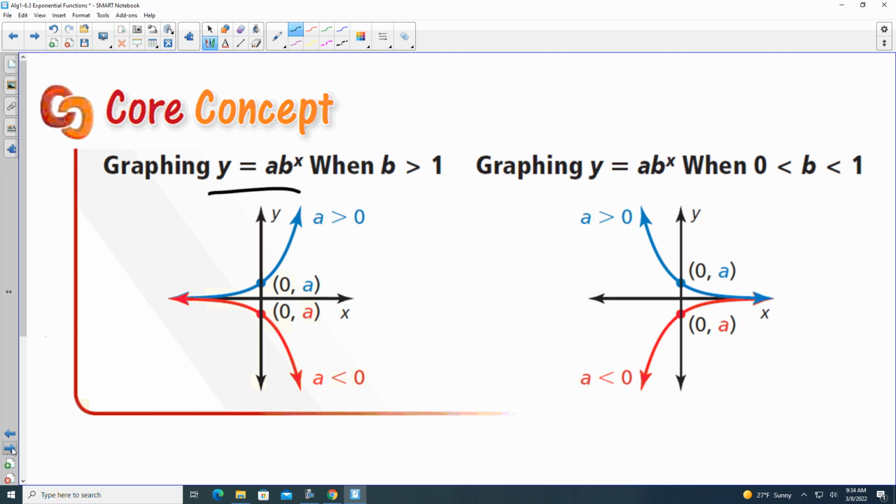But what we want to take a look at is what these graphs are going to look like when b is larger than 1. So b is always going to be a positive number. But when b is larger than 1, when a is positive, my graph is going to curve from left to right upward. And when a is negative, when it goes from left to right, it's going to be curved downward.